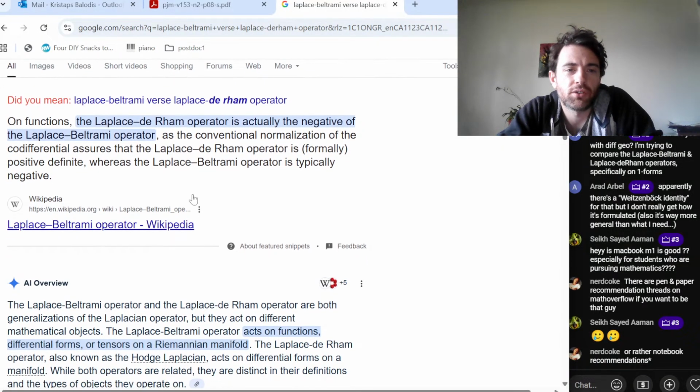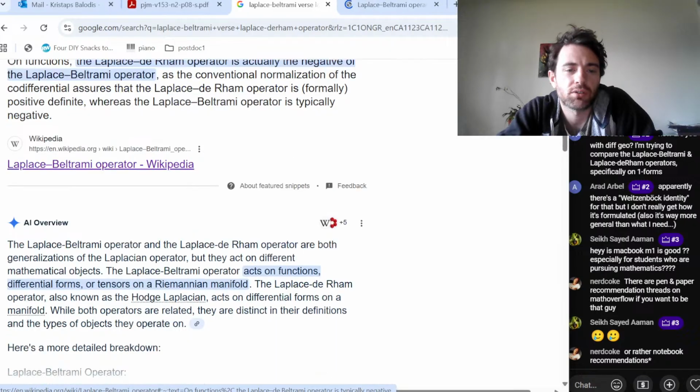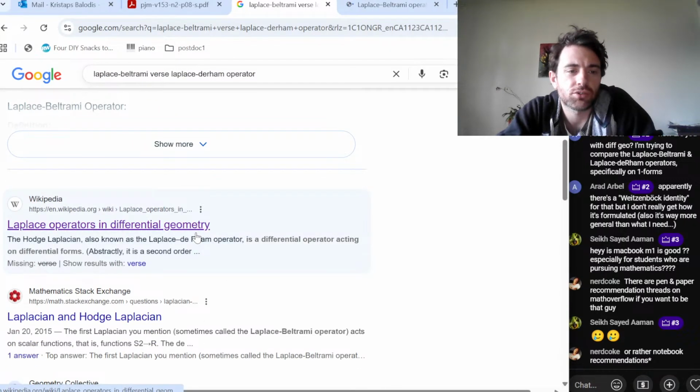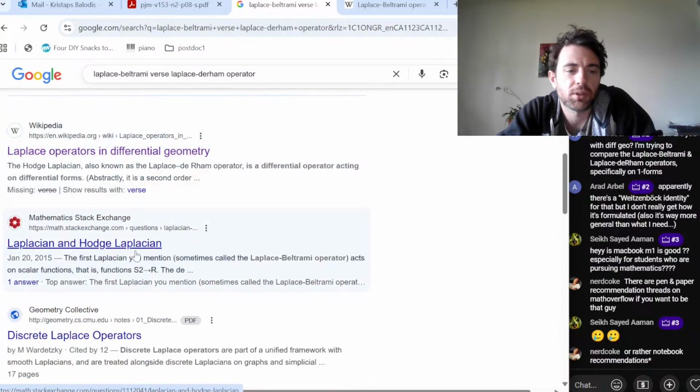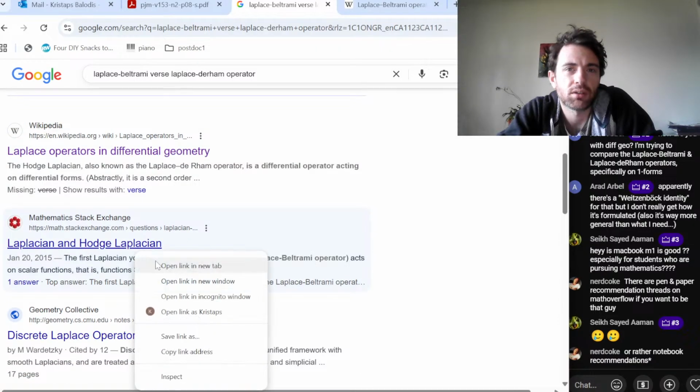On functions, the Laplace de Rham operator is actually the negative of the Laplace-Beltrami operator. Interesting. Ooh, Laplacian and Hodge Laplacian. Maybe we should look at that.